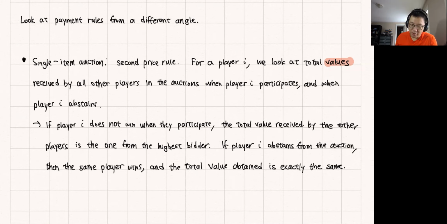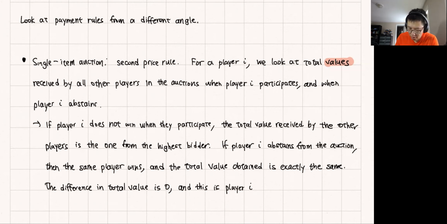So the difference in total value is zero, and this just happens to be player I's payment. They didn't win, so they paid zero.